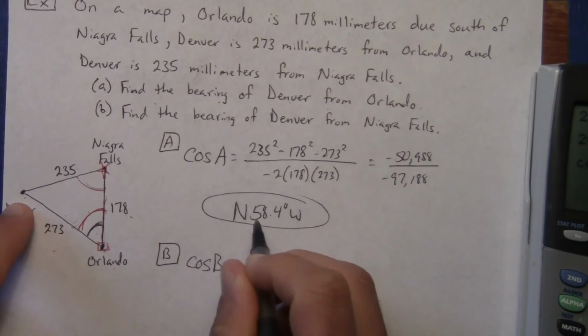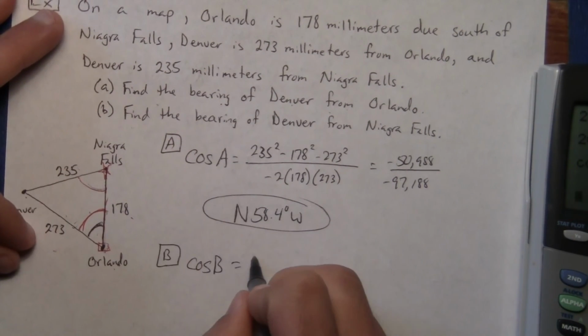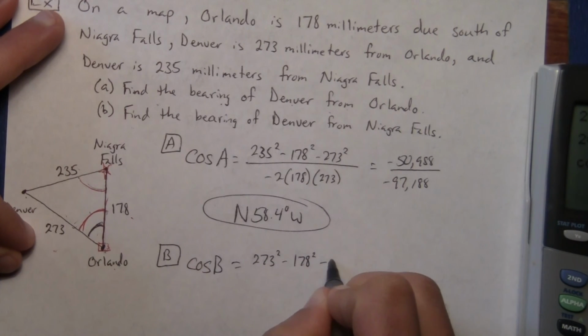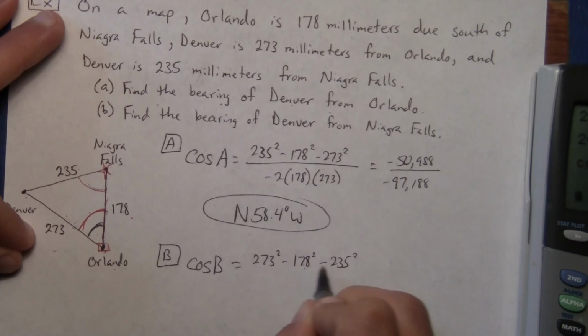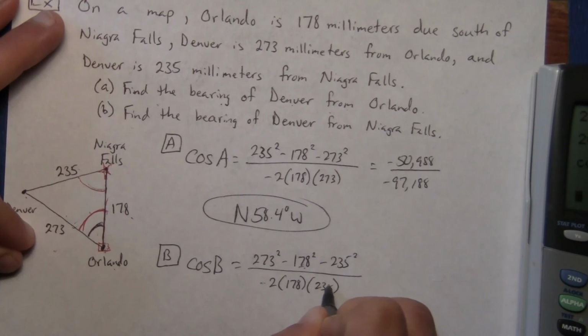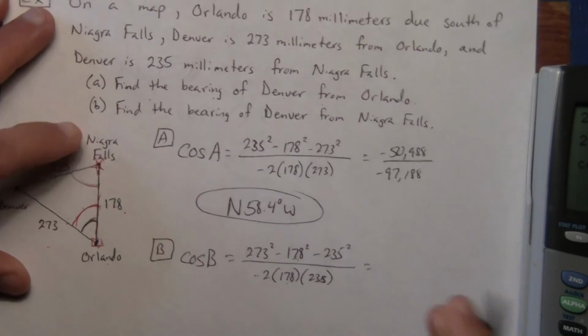Cosine of B is equal to, make sure you start with side B first, 273 squared minus 178 squared minus 235 squared. Order these two again doesn't matter. Divided by negative 2 times 178, 235. And again, order those two doesn't matter.